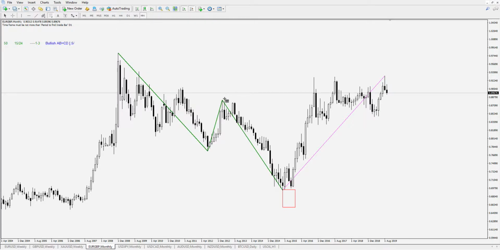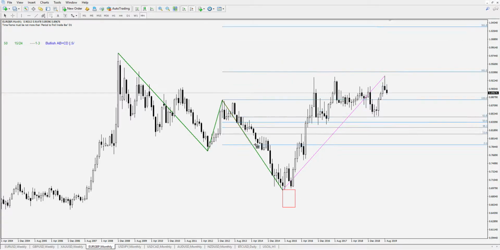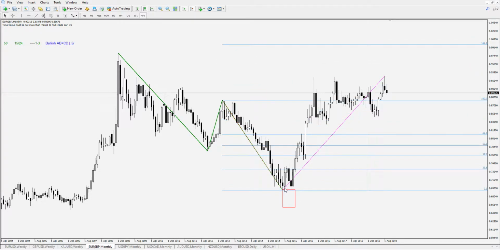So if we want to measure where the D could potentially be, we'd use a fib from X, A, B, C. We're going to use that. And we see the 161.8 located 9972.